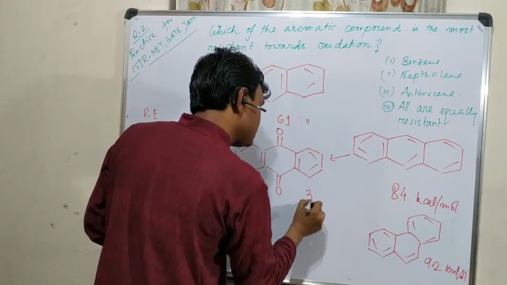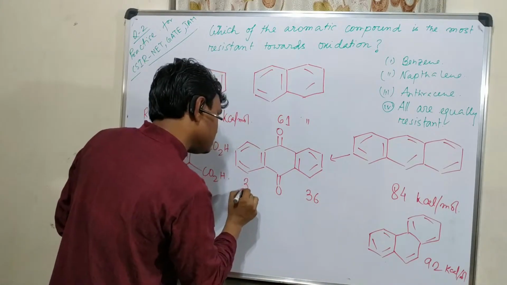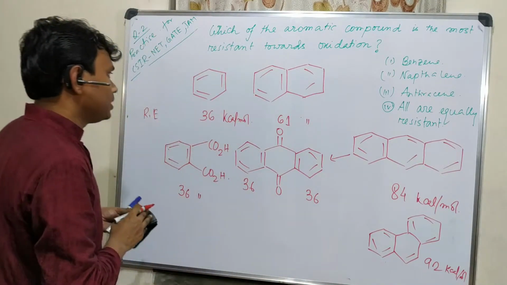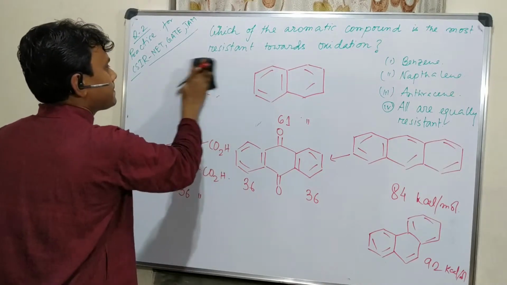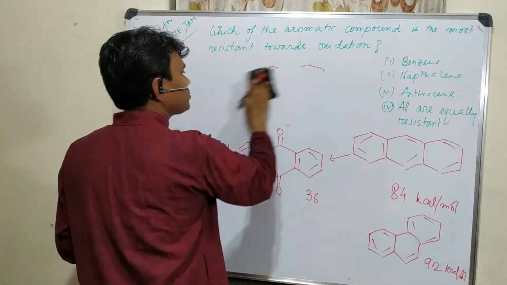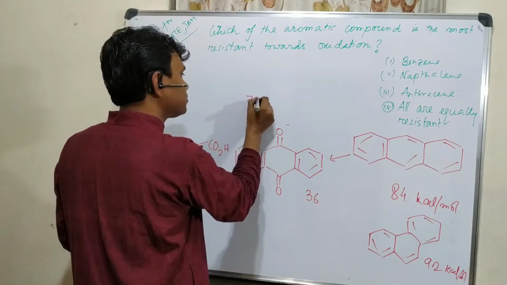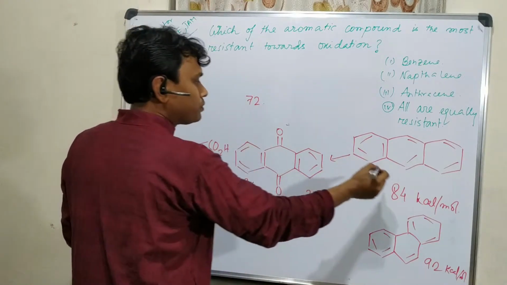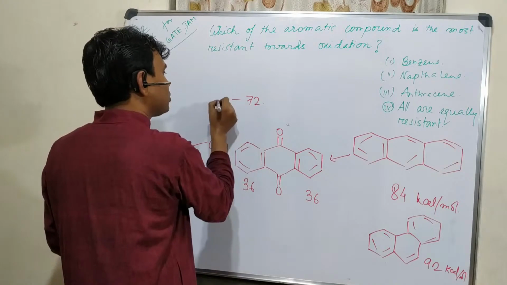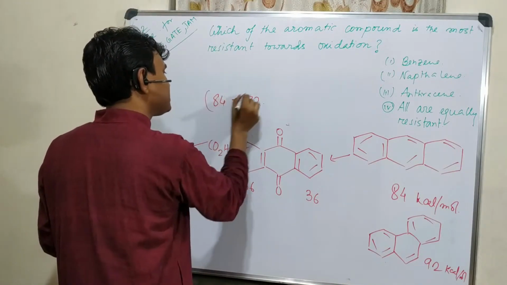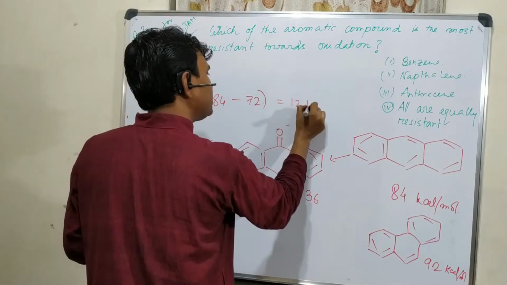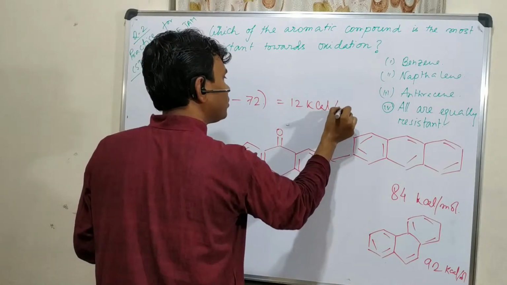Because then this is 36, this is 36, so overall 72. Previously it was 84. Now the loss is 84 minus 72 equals 12 kilocalorie per mole.